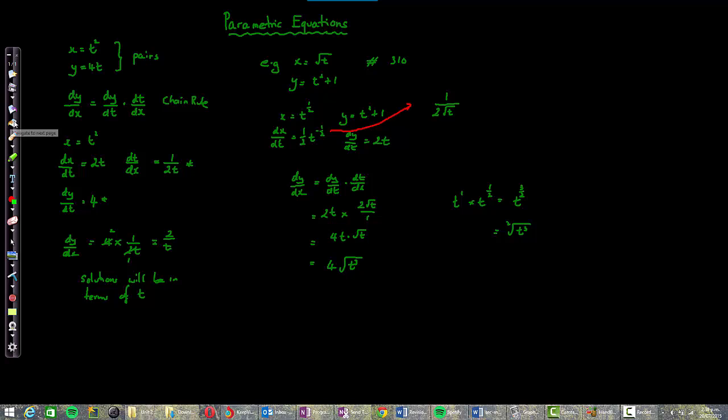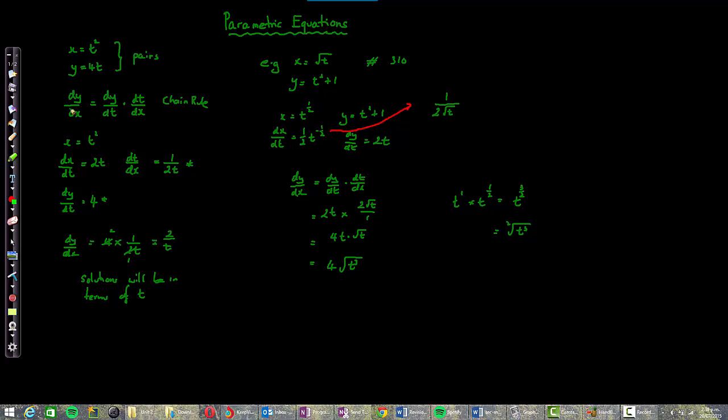Now, there's also sometimes asked, how do you get the second derivative of parametric equations? So I'm going to see how we can go from our first derivative, which is using this chain rule here. How do we get the second derivative?